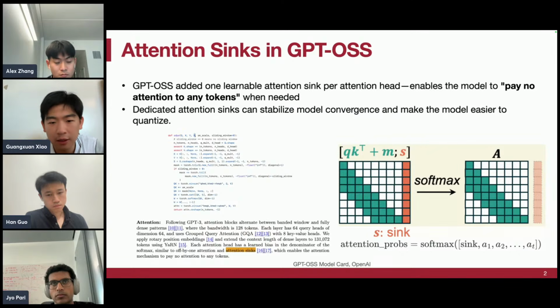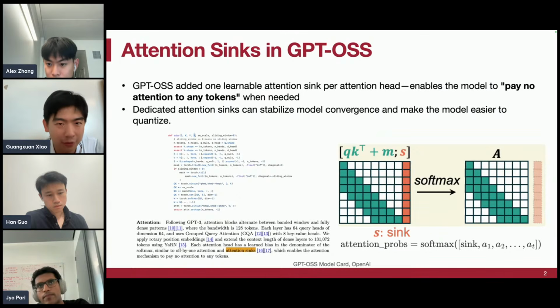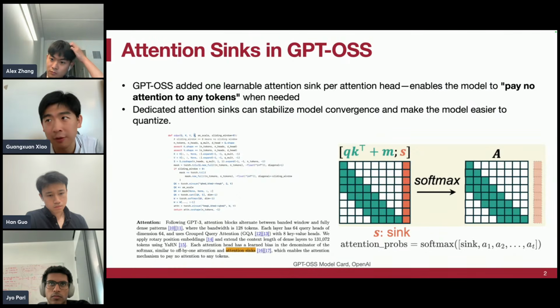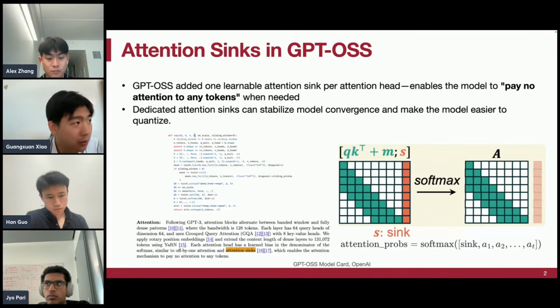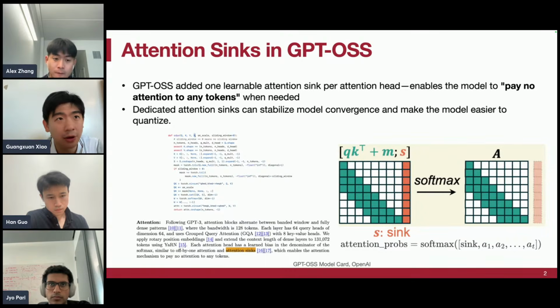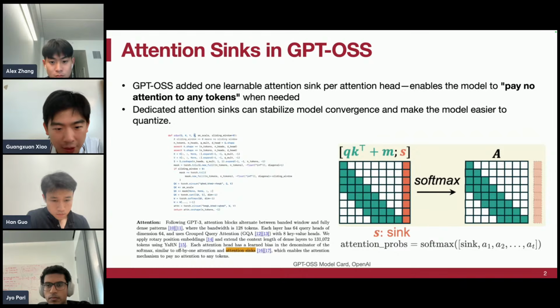But if you do that, you need a very nice attention kernel because you always need to attend to the first token, and it also needs some data engineering because in all sequences you need to pad one token or replace the initial token to be a dedicated attention sync. But if you use the sync approach in GPT-OSS or attention off-by-one, it's not intrusive.